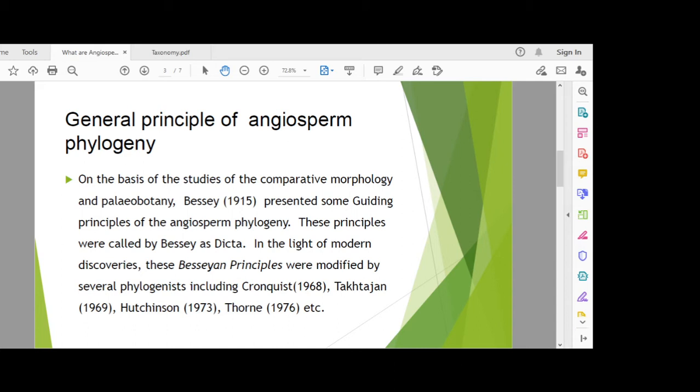However, in spite of the meager fossil records of angiosperms, the available fossil data and some other characters indicate a definite trend in their phylogeny.